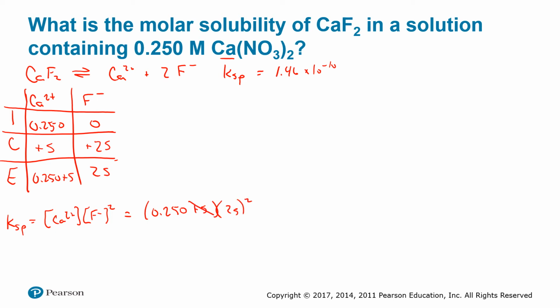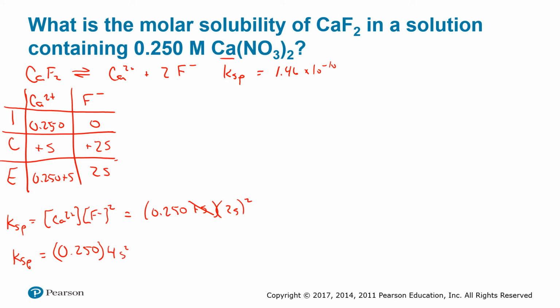We assume S is small, and so we end up with Ksp equal to 0.250 times 4S squared.